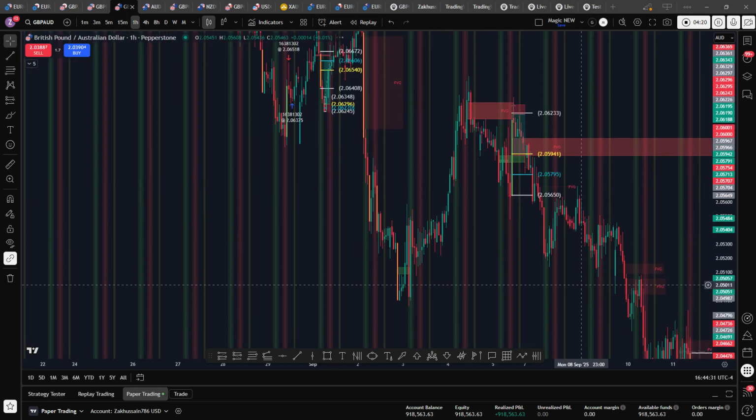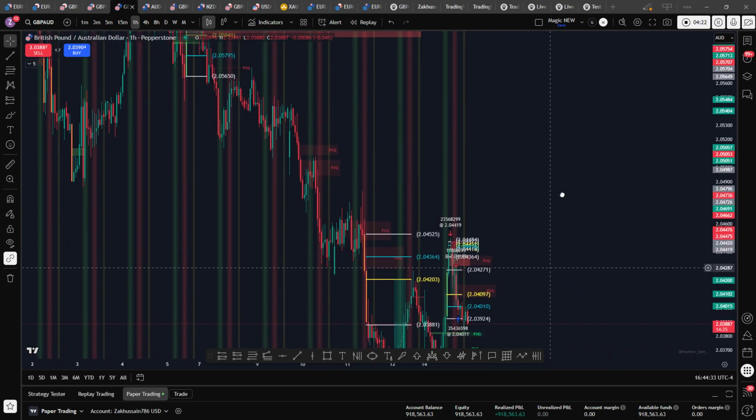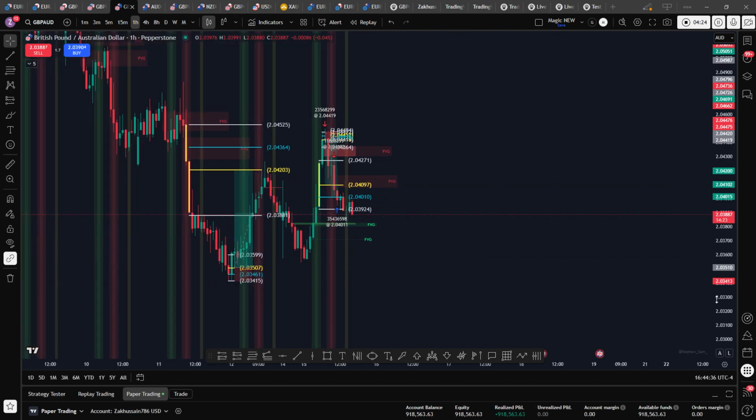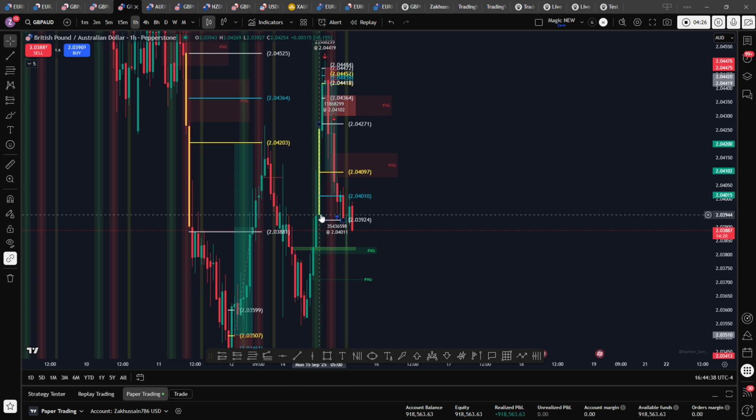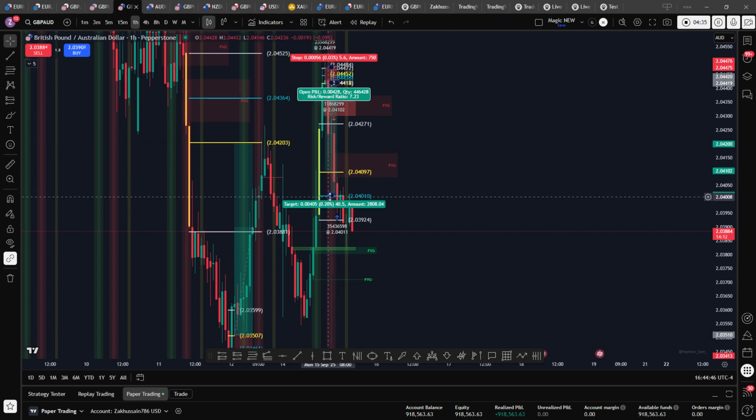So this is our candle. There's barely any wick at the bottom. So that would encourage us to also go for a target of 75%.